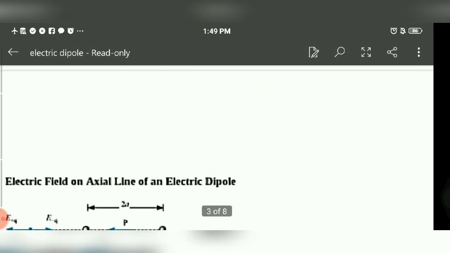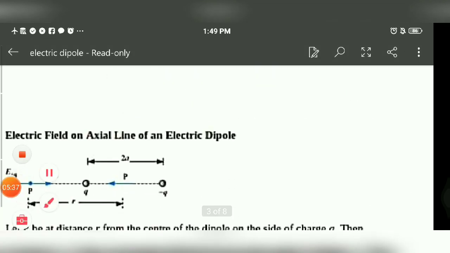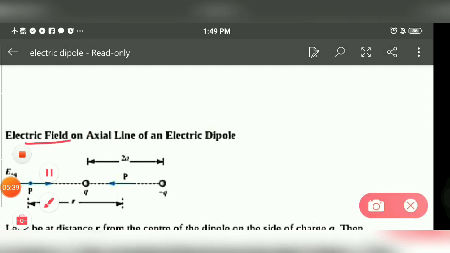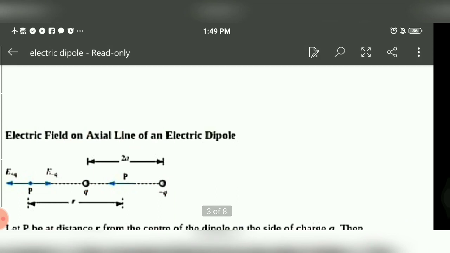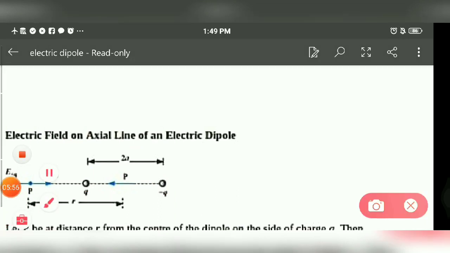So now let's first start with the electric field on the axial line of an electric dipole. So this is the electric dipole here, positive Q, negative Q. This complete line is the axial line. Now what are we going to do?